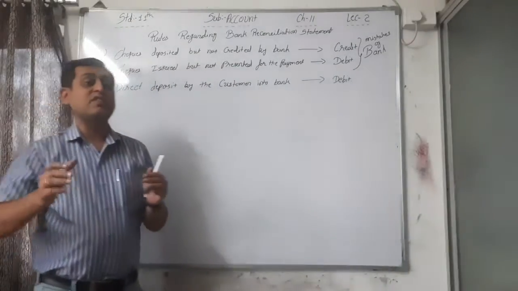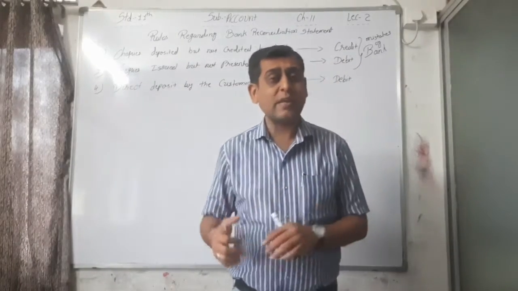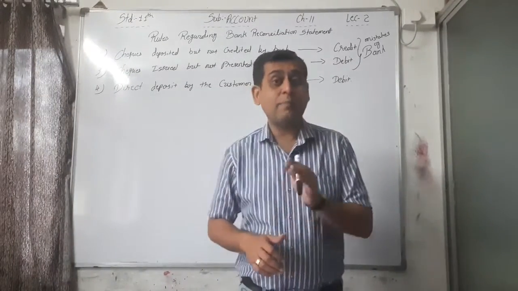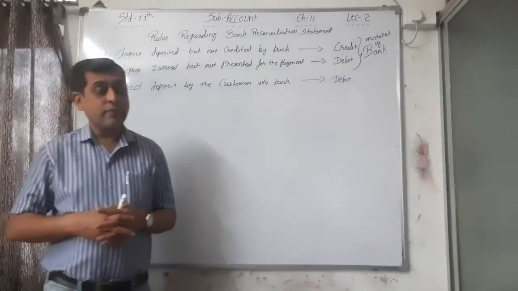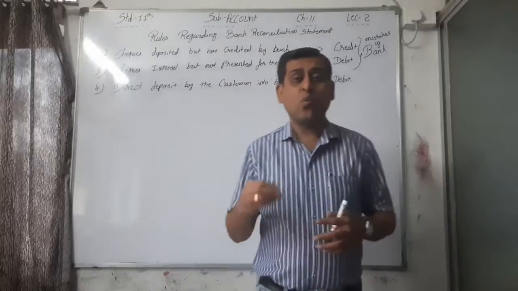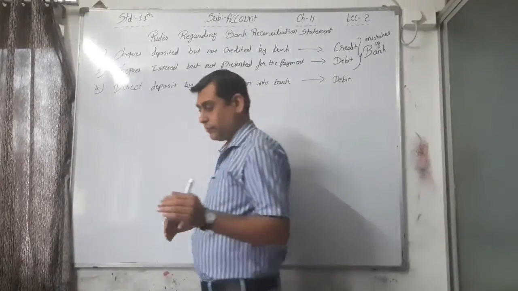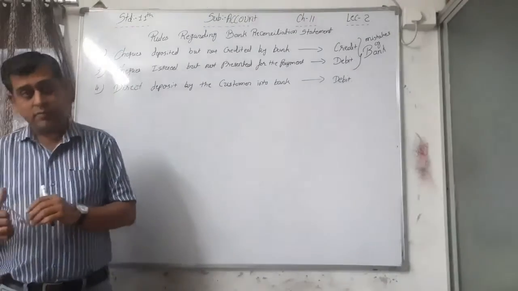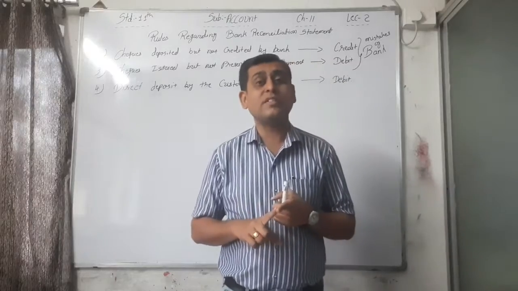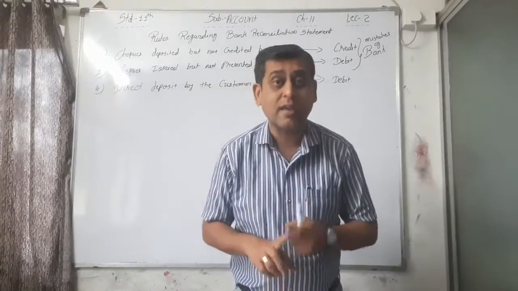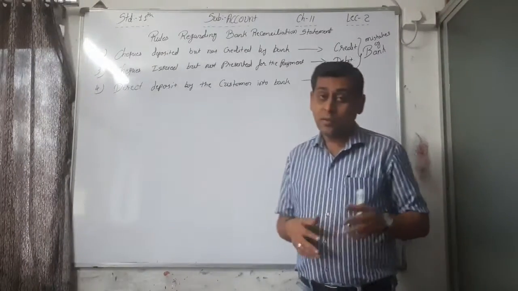Here interest is credited by the bank as well as interest is debited by the bank. If I am taking a bank OD, overdraft, then interest is debited by the bank, that is an expense. And if I have a balance of 1 lakh or more in my saving account, then the bank gives me interest, and that is my income, right? So interest income is there, interest expense is also there.